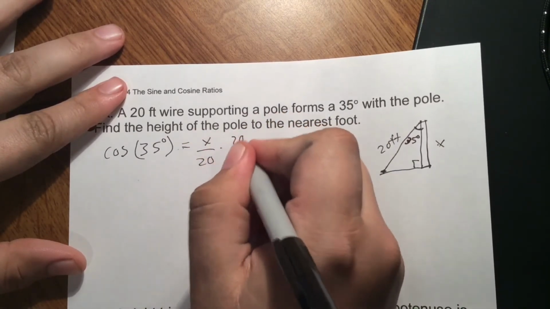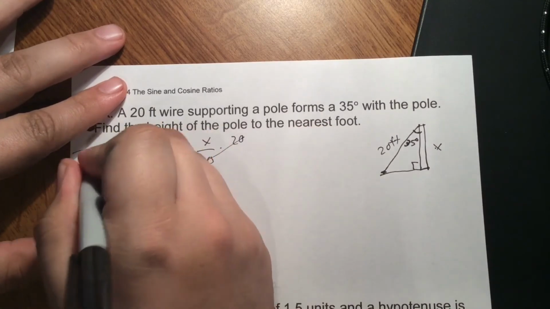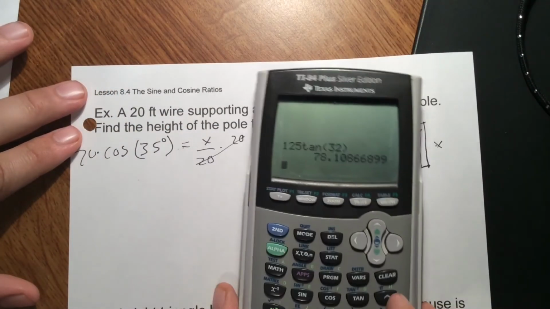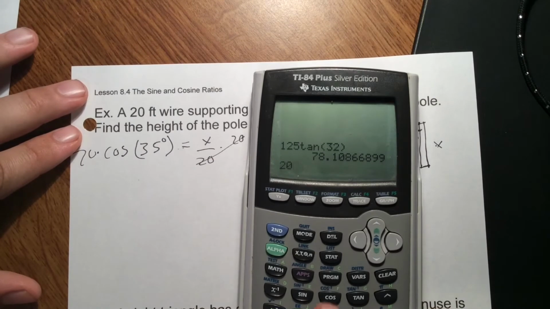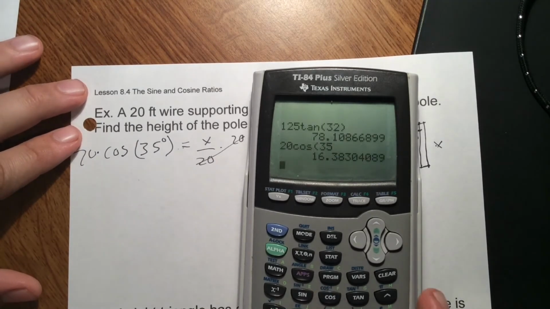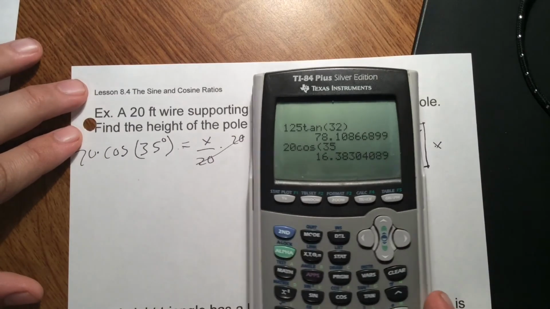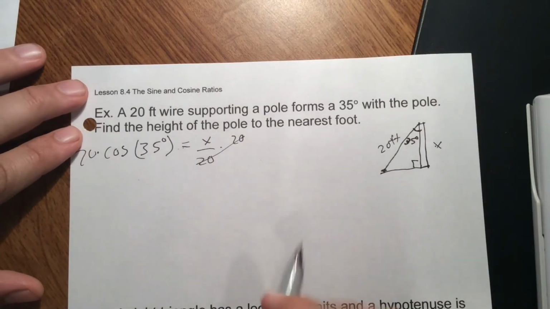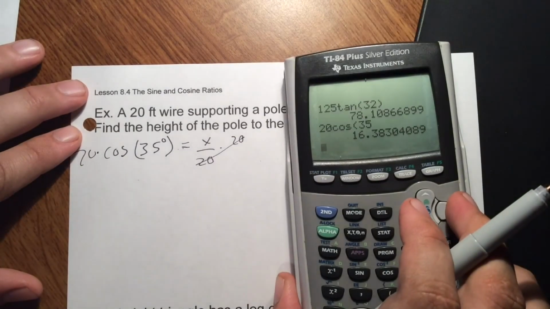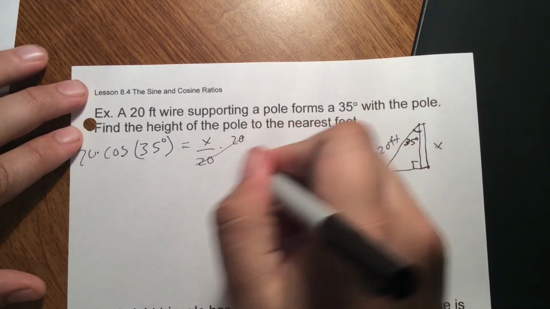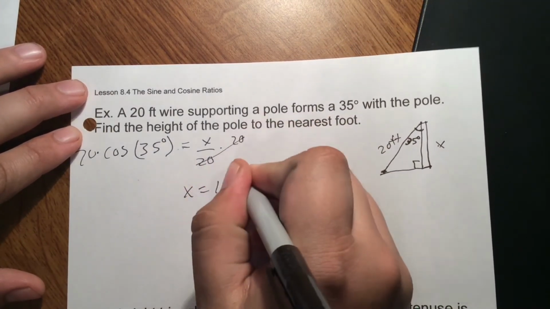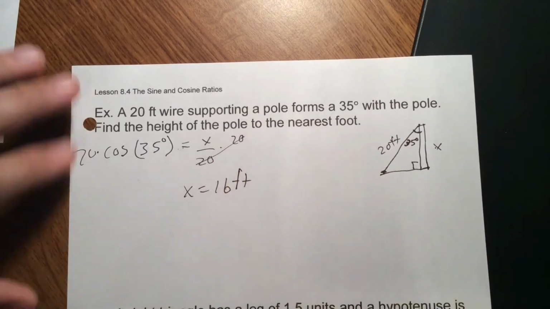Take it times 20 to get rid of the bottom. So 20 cosine 35. And we get 16.3. Now they want the nearest foot, so 0.3 is going to round it down. X equals 16 feet.